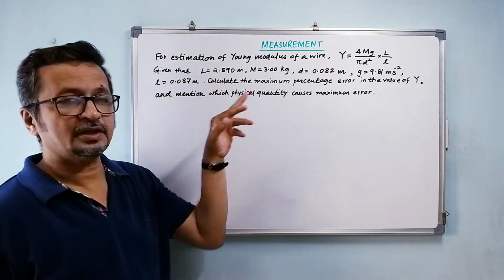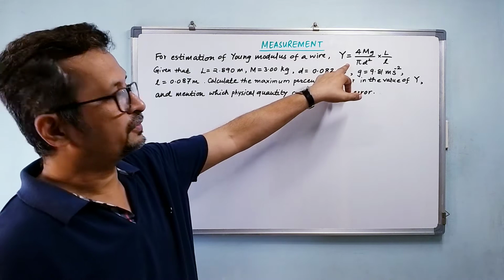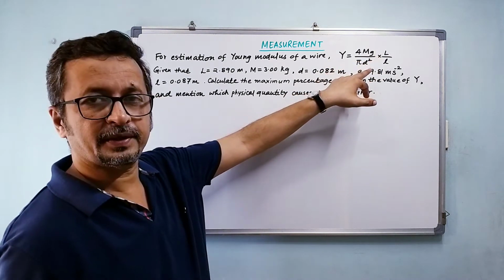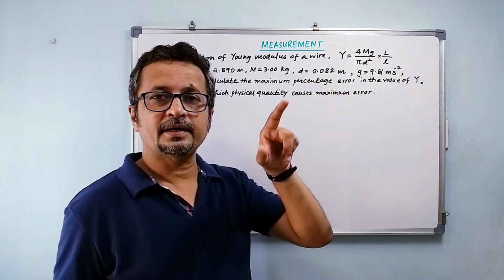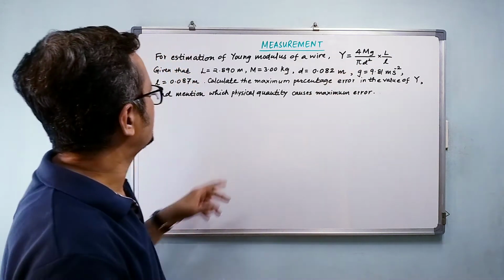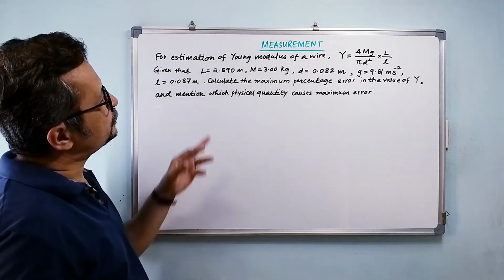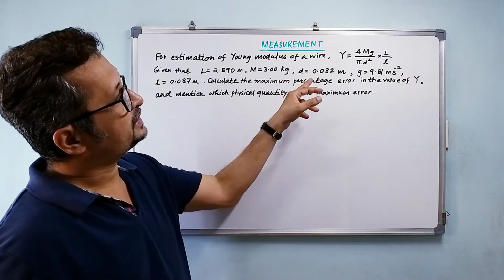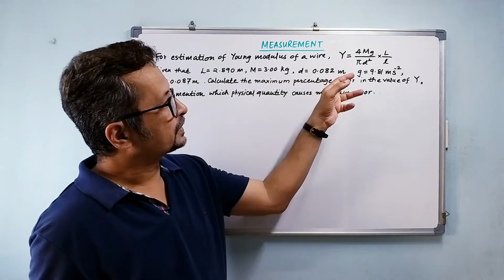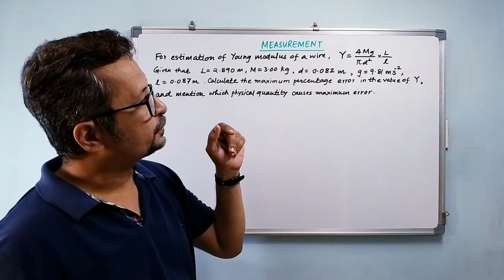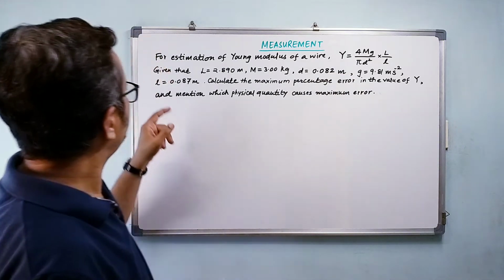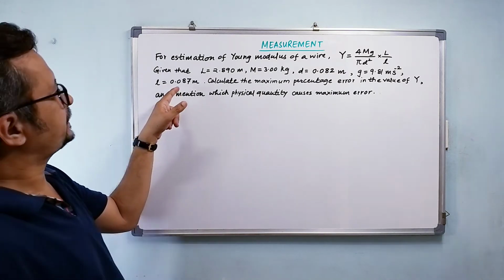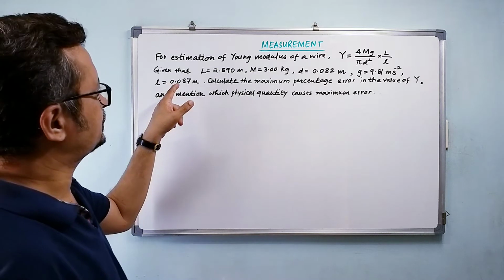For estimation of Young's modulus of a wire, the formula is given: Y is equal to 4 mg upon pi d square, multiplied by capital L upon small l. Given that L is equal to 2.890, M is equal to 3.00 kg, D is equal to 0.082, g is 9.81 meter per second square, and small l is 0.087 meter.